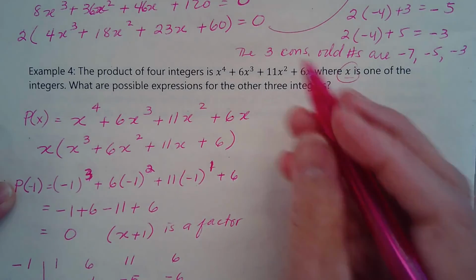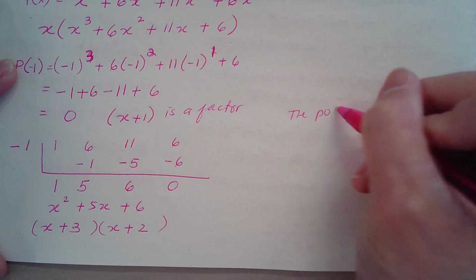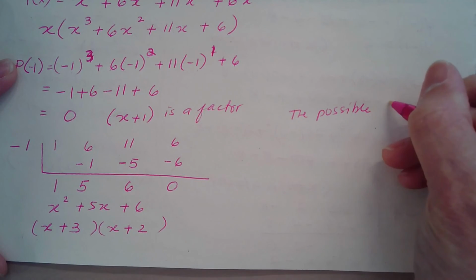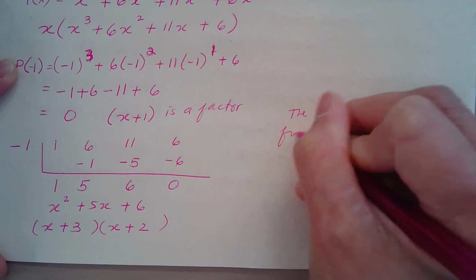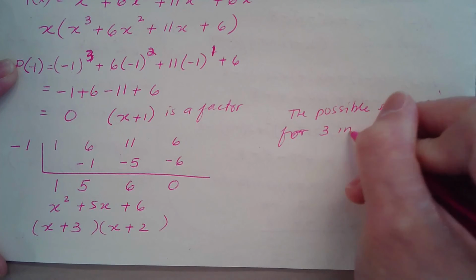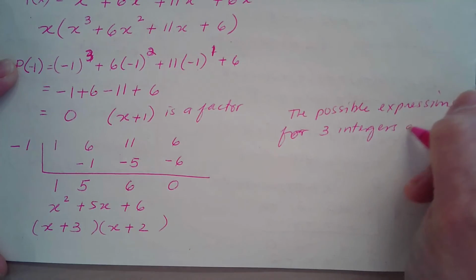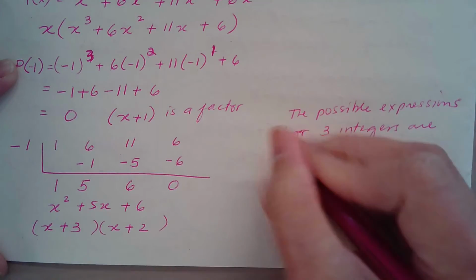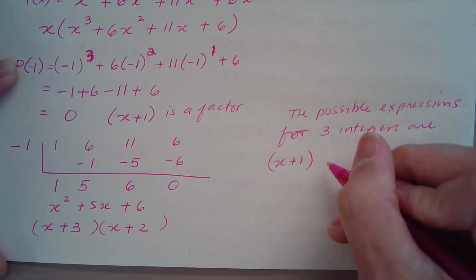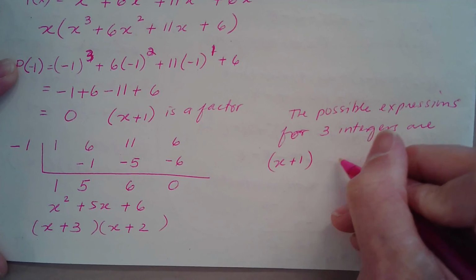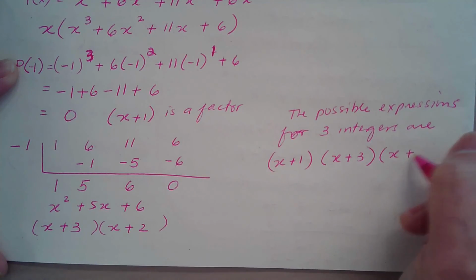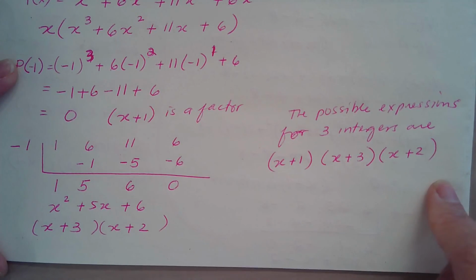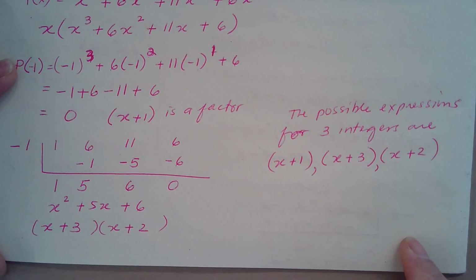The other three possible expressions for the three integers are x plus 1, x plus 3, and x plus 2. Okay, so those are the three possible integers.